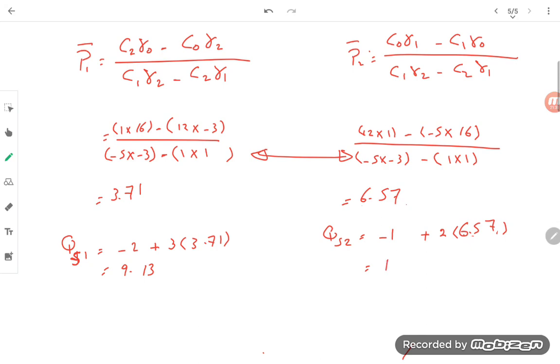Here equilibrium quantity will be 12.14.